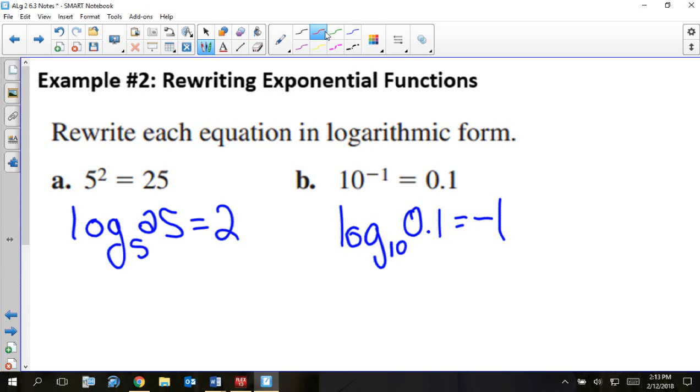Do you remember, just a little tangent over here, when we do square roots, do we put the 2 there? Why? We don't need the 2 there because if you see this, you already know that's a square root because it's just accepted that that's the common thing. So log base 10, you will not necessarily see the little 10.